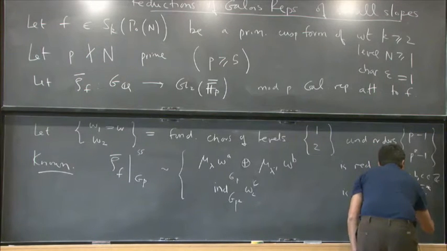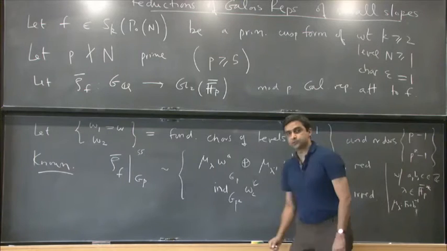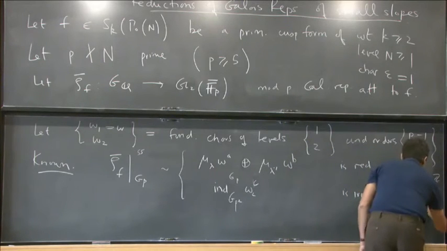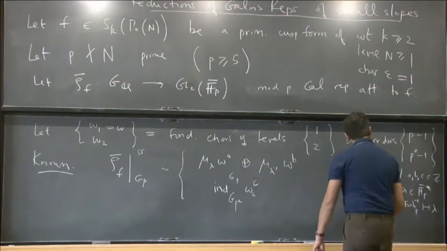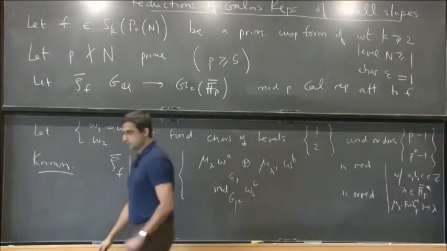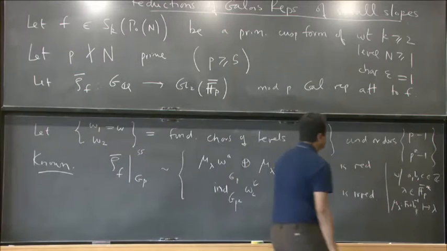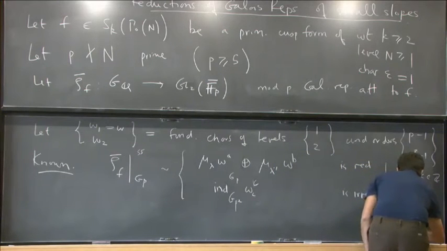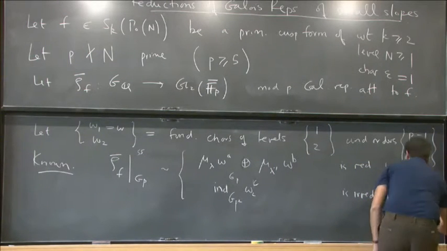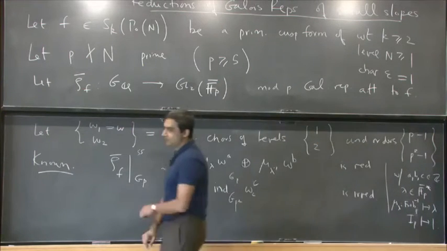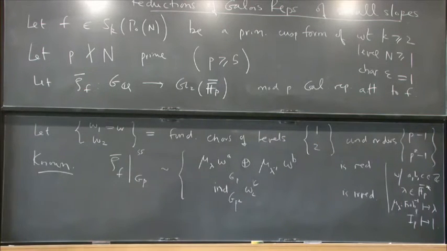So I'm going to normalize it so that geometric Frobenius goes to lambda rather than arithmetic Frobenius. This is an unramified character. On inertia, it's trivial. So it's known that the representation, at least up to semi-simplification, looks like this.